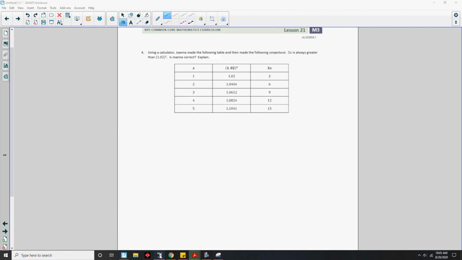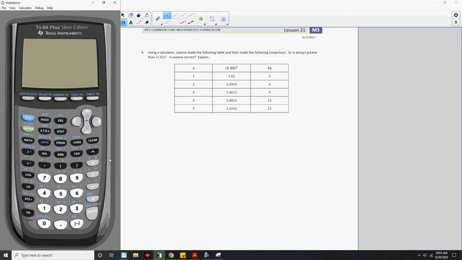So if I bring my calculator in here and I clear, and I put y equals, clear, clear, all right, and I put the function 1.02 to the power of x and graph it.